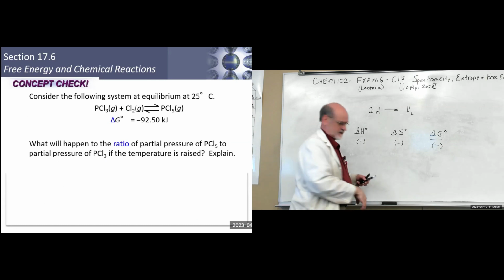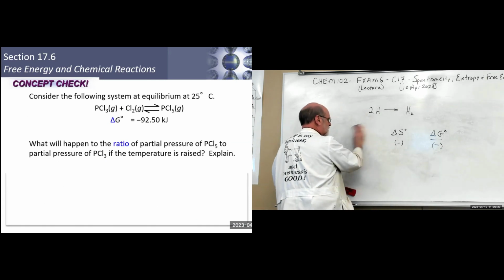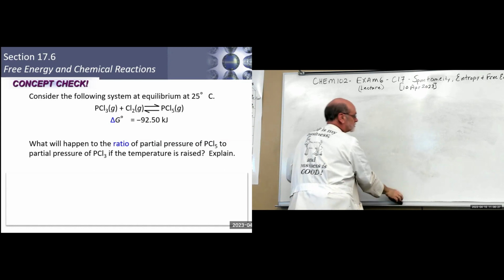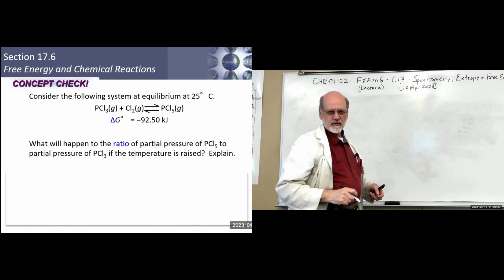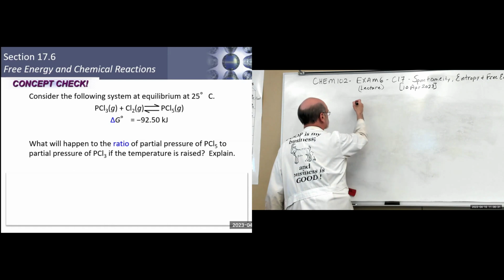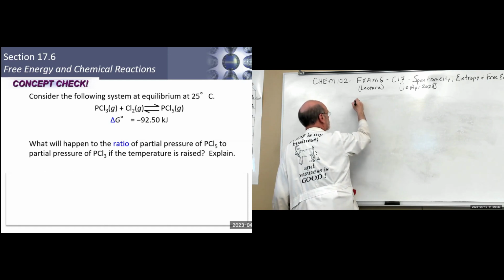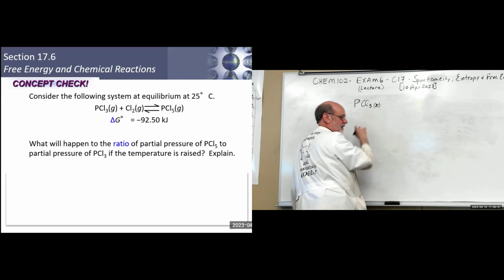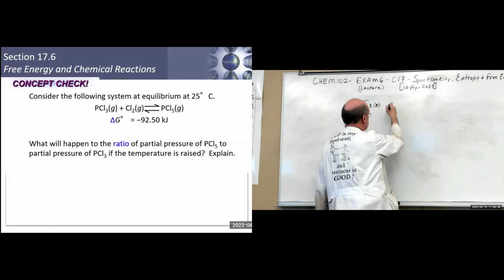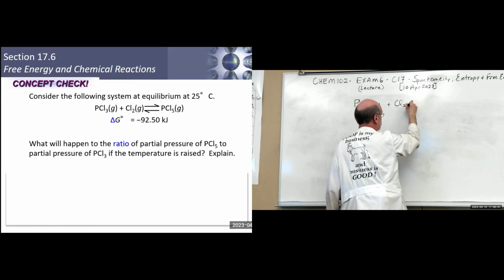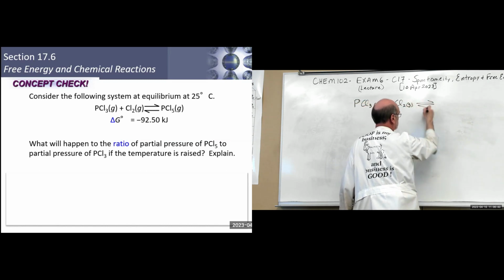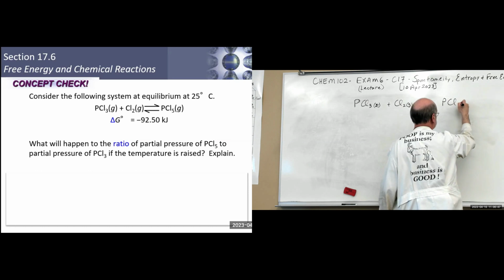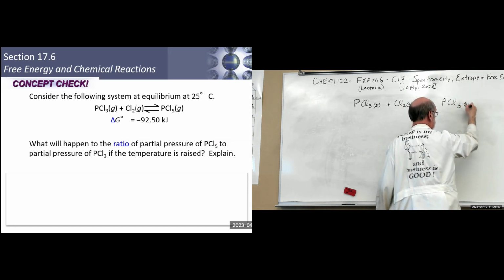All right. So we're going to consider a more practical example here. If we have this reaction, PCl3 as a gas, and it reacts with chlorine gas. We set up a reaction here producing PCl5 gas.